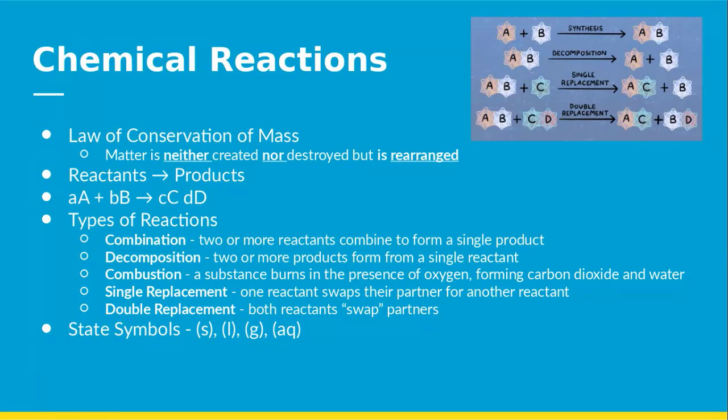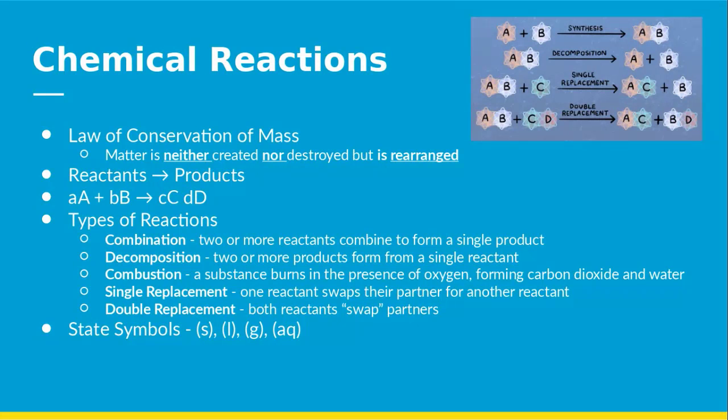It is simply rearranged from one form into a different form, known as reactants and products. The typical formula you'll see is right there: reactant A and reactant B are combined to form product C plus product D. The little smaller letter in front of the larger letter represents the coefficient, meaning how many moles of that reactant or product you have.